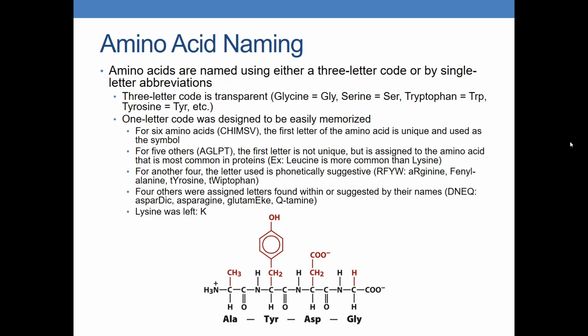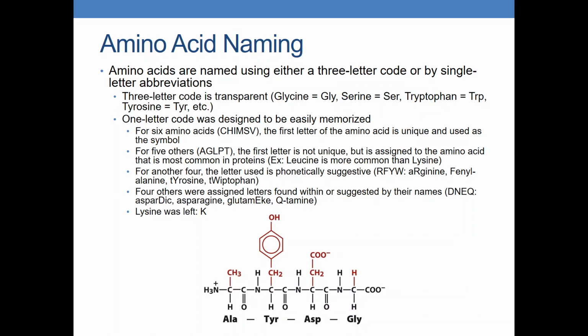First, the 6 amino acids starting with the letter, the first letter of the amino acid. There are 6 amino acids that show up more commonly than others, and we can just use the first letter in those amino acids. So C is cysteine, H is histidine, I is isoleucine, M is methionine, S is serine, V is valine.